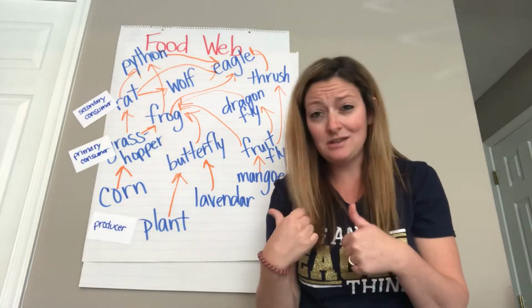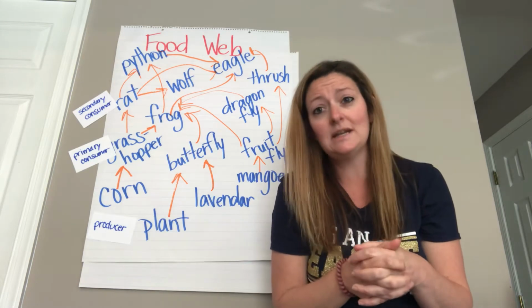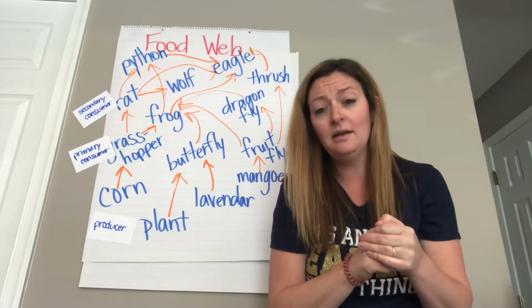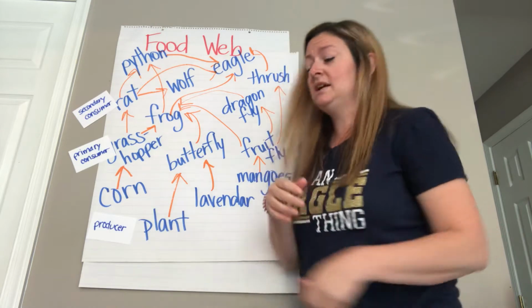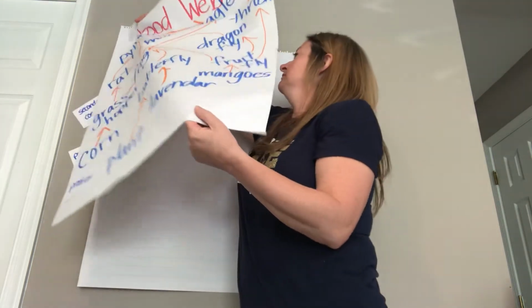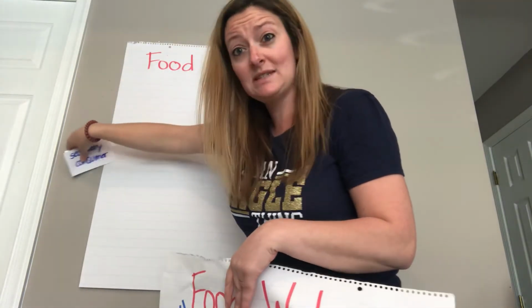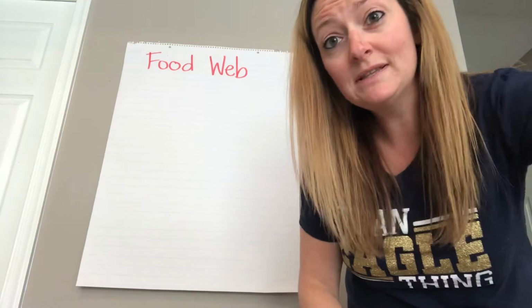You guys did an excellent job doing this. So now what I'm going to do is I'm going to give you some examples to write down. So this is where your paper and pen or pencil, whatever you have, comes in handy. Let me take this down. Okay, so I'm going to give you some examples of what I want you to write down.